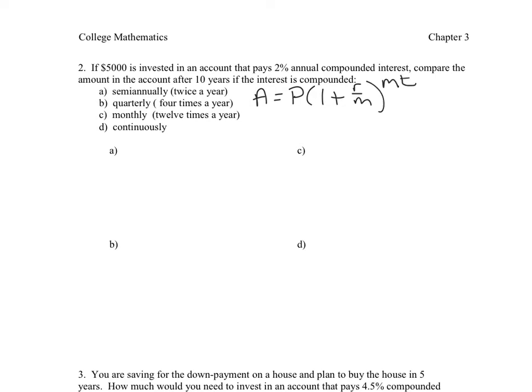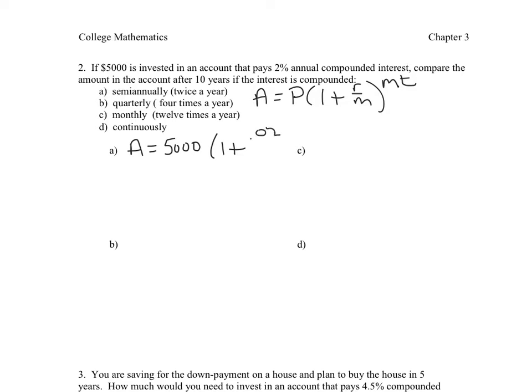And on part A, it asks us to calculate semi-annually, which is twice a year. So what we are doing is we're putting an investment of $5,000 into an account. So our P is 5,000. It's going to pay 2% annual compounded interest. So my R is 0.02.